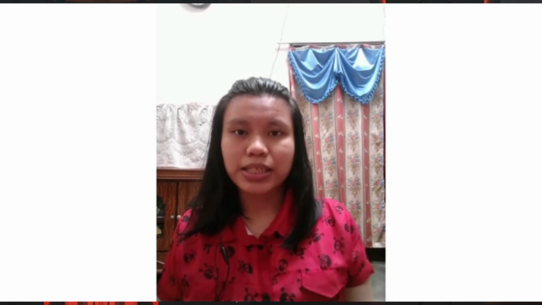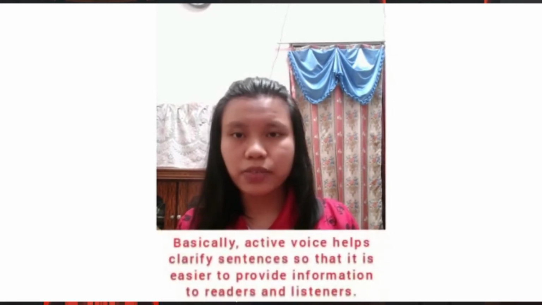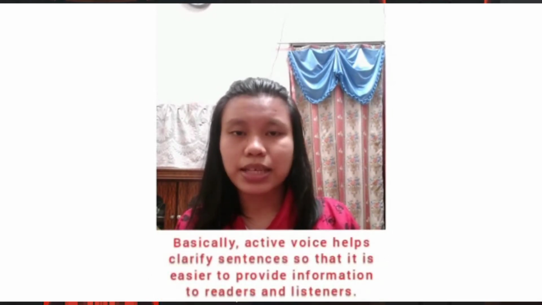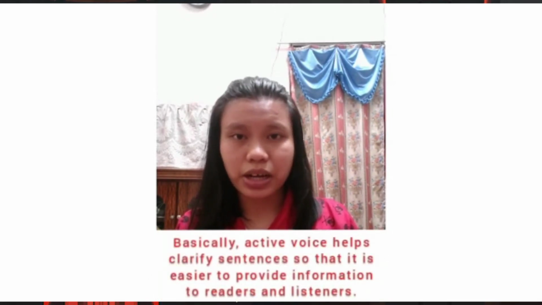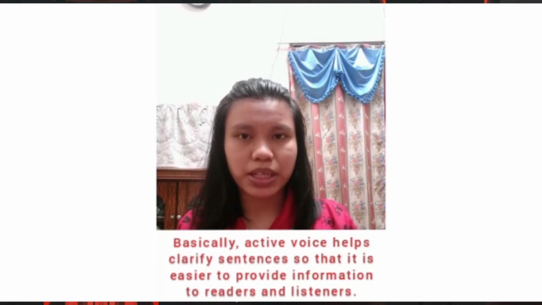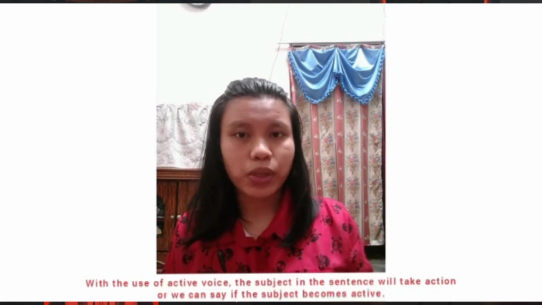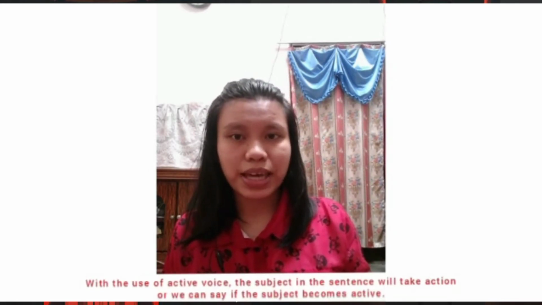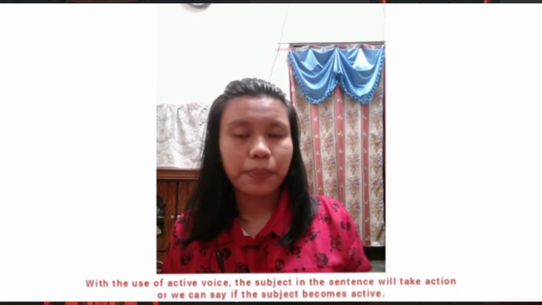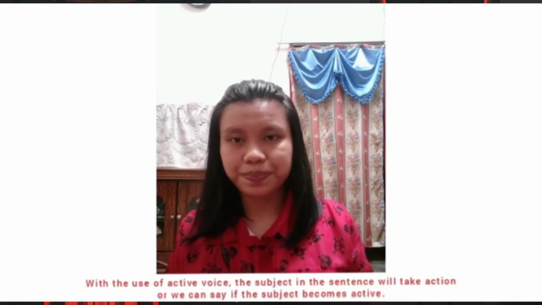In English, the best way to write and speak is almost always the active voice. Basically, active voice helps clarify sentences so that it is easier to provide information to readers and listeners. With the use of active voice, the subject in the sentence takes action, or we can say the subject becomes active.